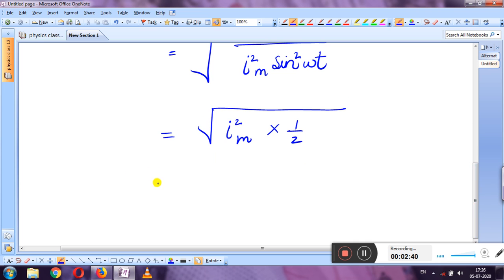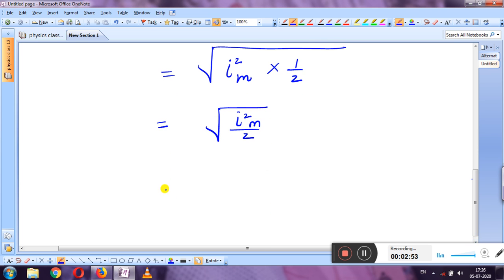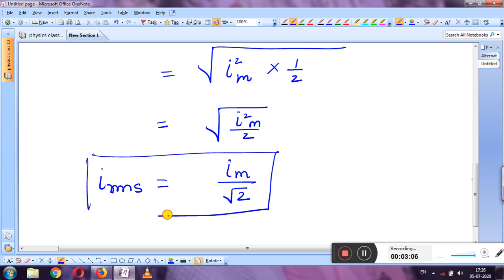We already used it, so we are not going to discuss it anymore. After that, inside this square root we have Im square upon 2. Now Im square will come out of the square root as Im upon root 2, and this is the value of IRMS.